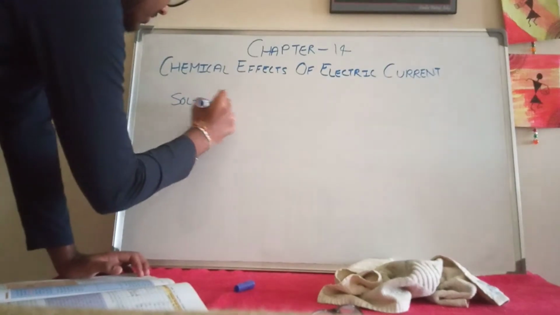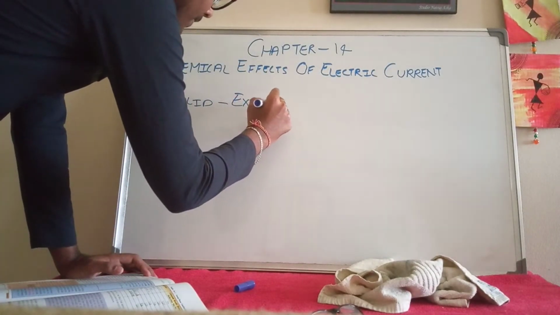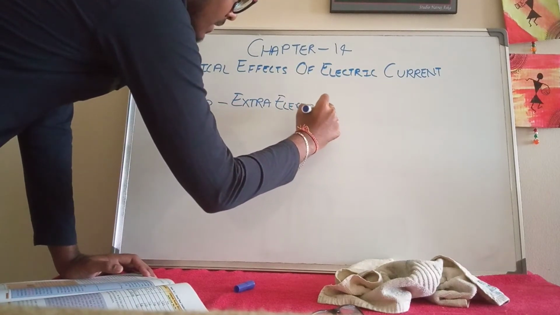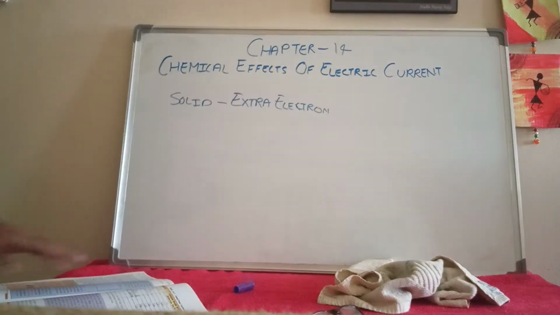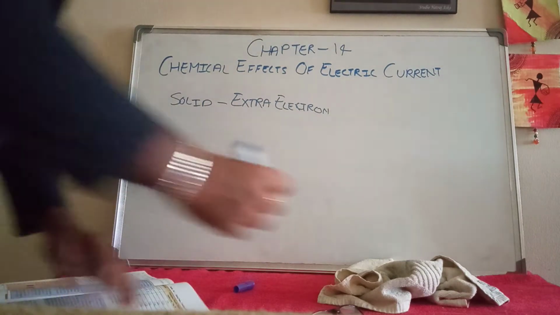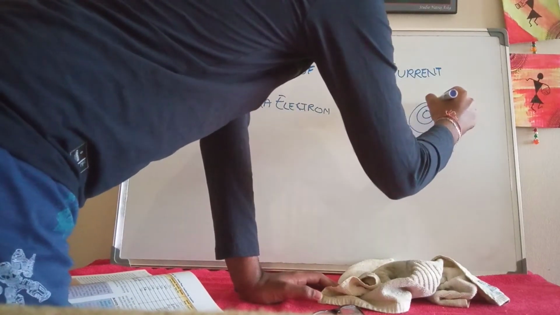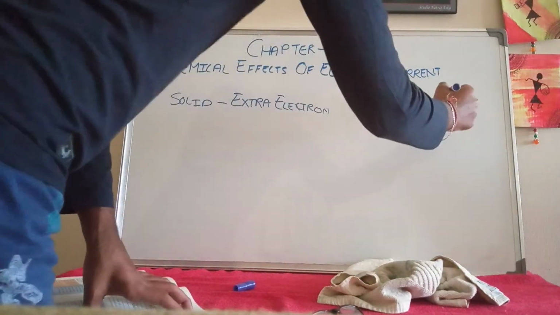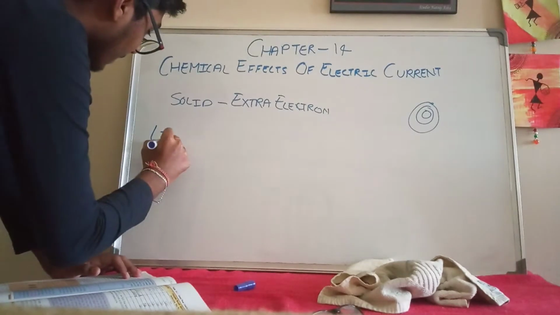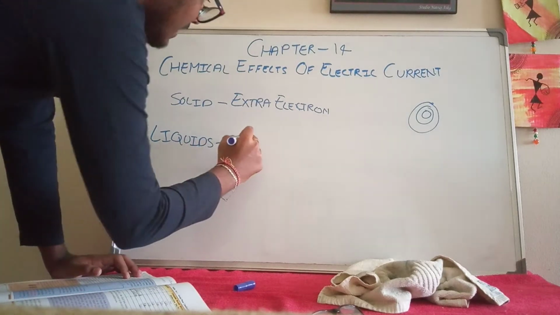When it passes through a solid, the extra electron present in an atom, the one that's outside, does the process of conducting electric current. But in liquids, it is the ions.